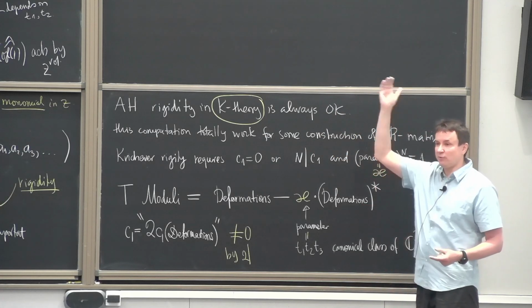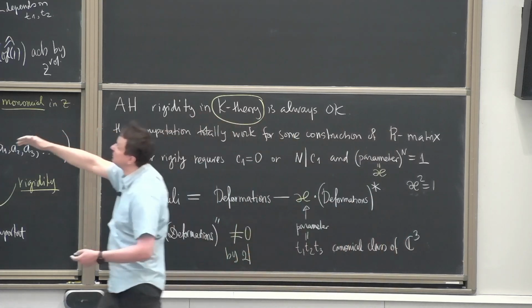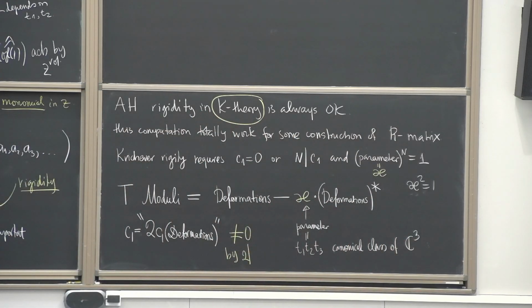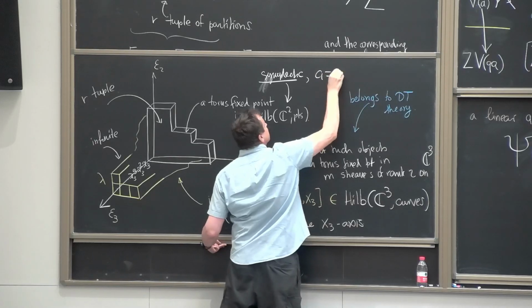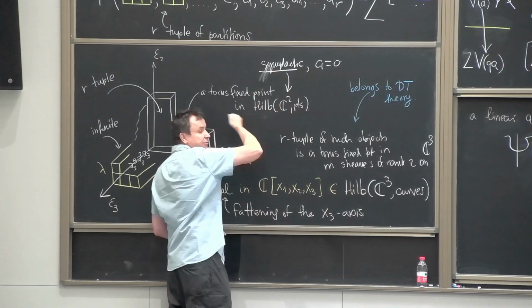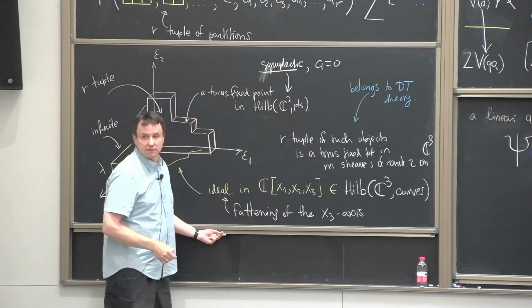For this original moduli space, it's symplectic. It's even better, it's symplectic. So in particular, first Chern class. So you can have a very meaningful theory of Krichever genera for that.